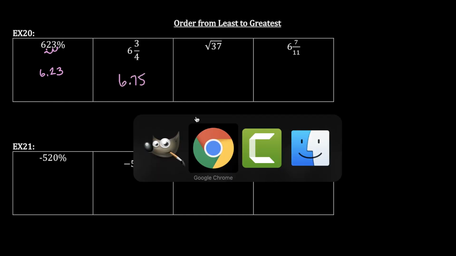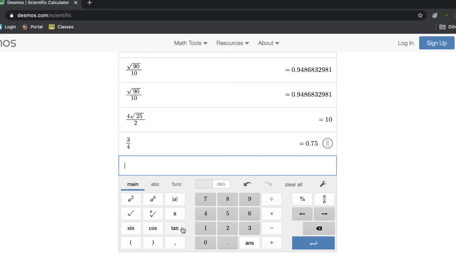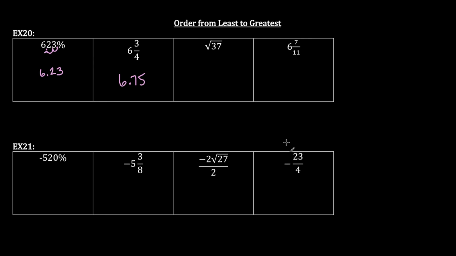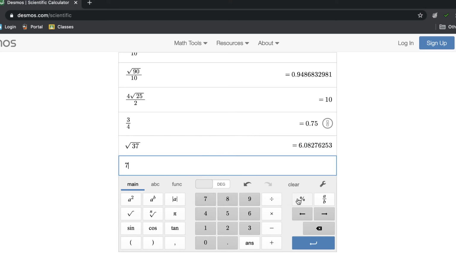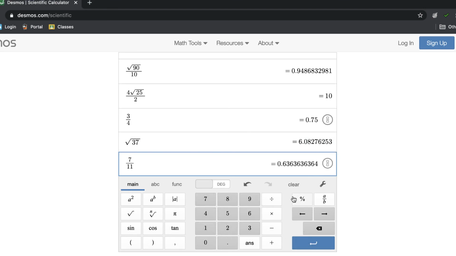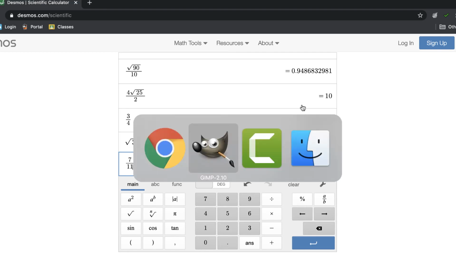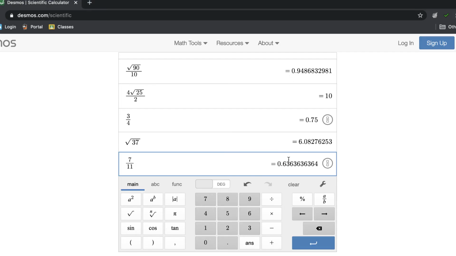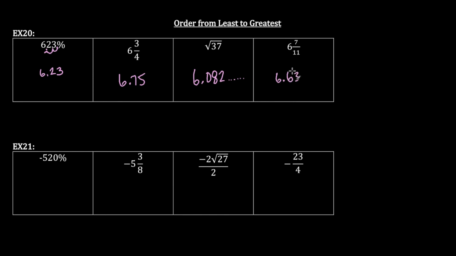Square root of 37 is 6.082, and it keeps going. And 7/11. 7 over 11 is 0.636363. So 6.63, and it keeps repeating. So let's compare these.